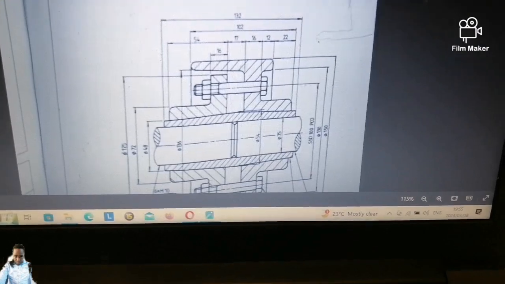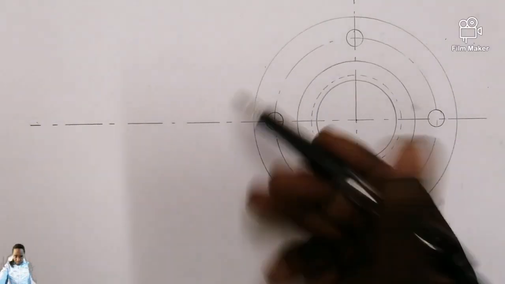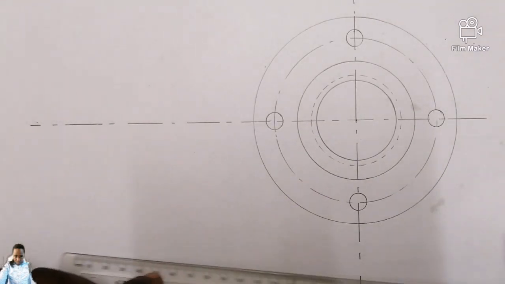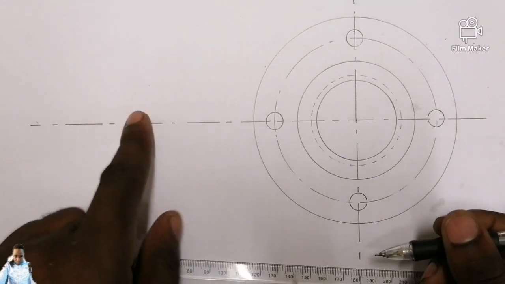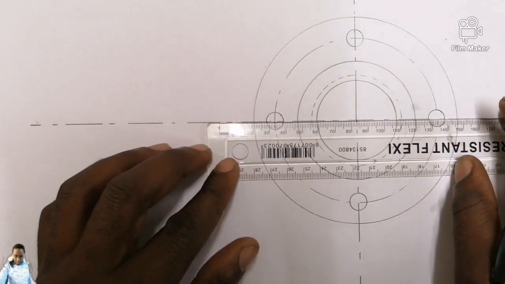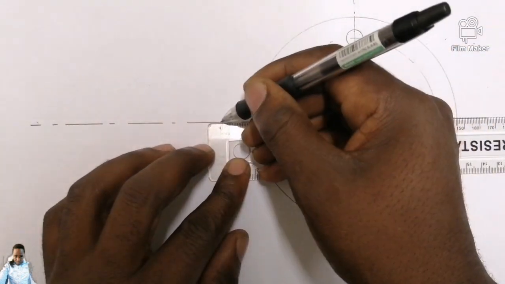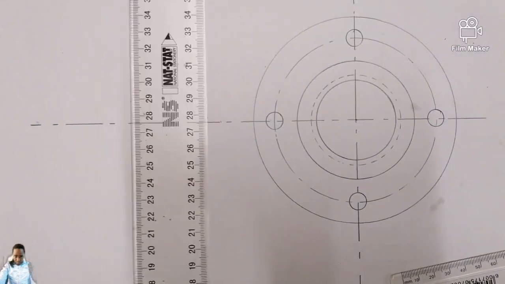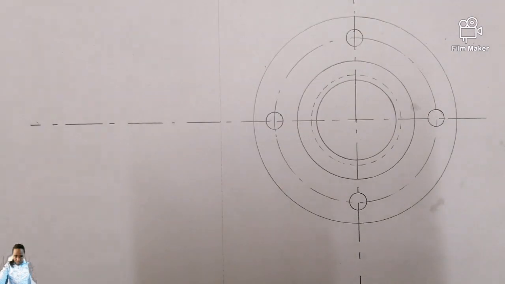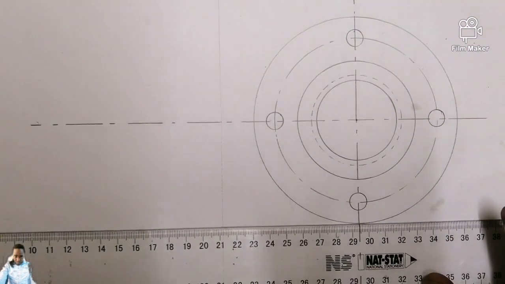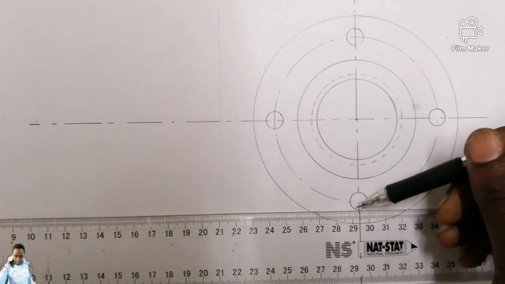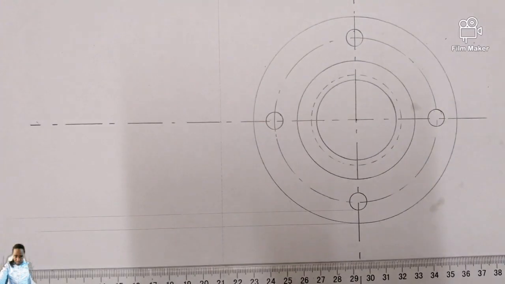So what are we going to do now? From this point coming this direction, because this is given in first angle orthographic projection, my front view is supposed to be at this side, like I explained before. So I am going to have a dimension of 20 millimeter. You understand? Then from there, I am going to project all the points of these circles that exist on the horizontal component.